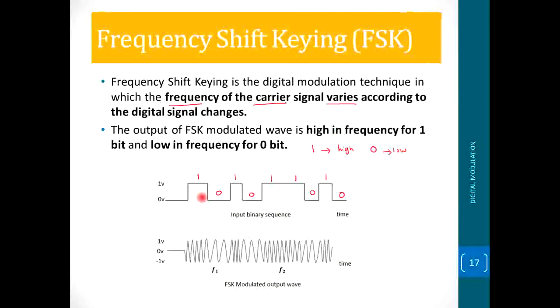For example, here the 1 you will have high frequency, and 0 low frequency, 1 is high frequency, and so on. So there are two frequencies that are used, the F1 and F2.